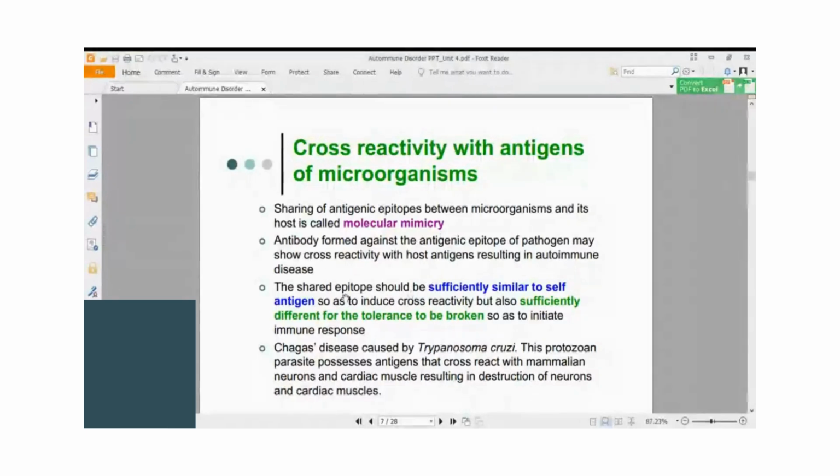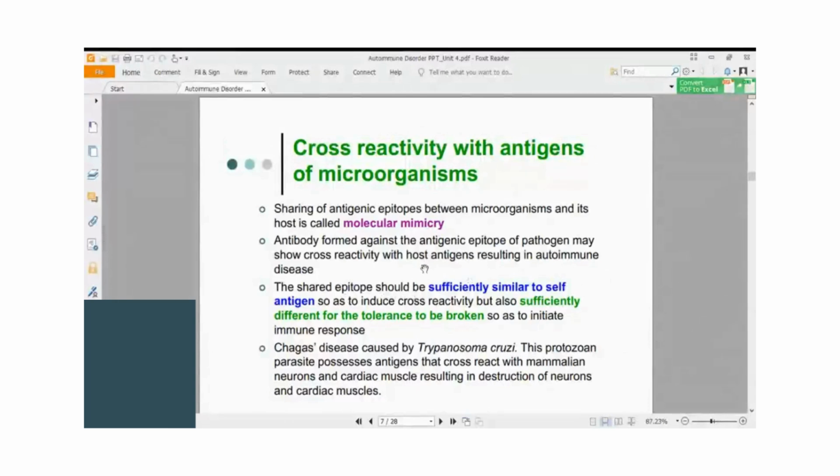Here, the shared epitope should be sufficiently similar to the self antigen to induce the cross reactivity, but at the same time, sufficiently different for the tolerance to be lost. And this fine balance of tolerance will be lost. And how that happens, we will see.